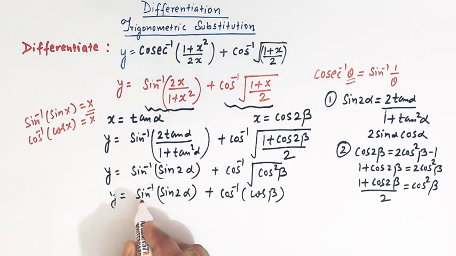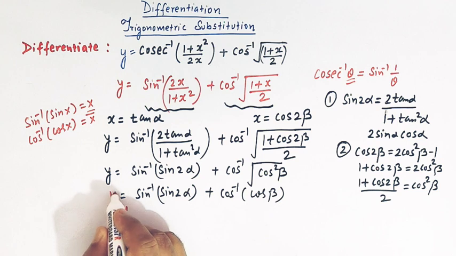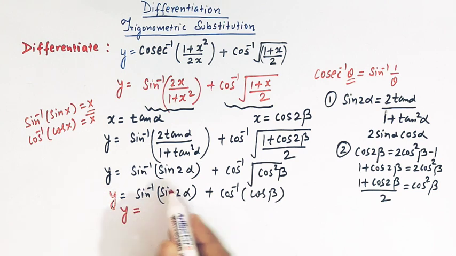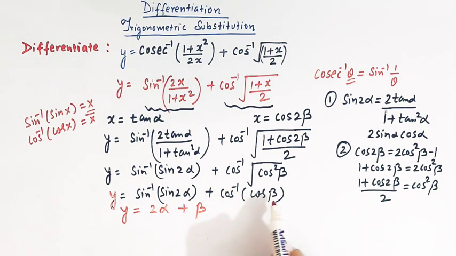So now here we have y is equal to simply 2 alpha, and here we have simply beta, right? So sine and sine inverse get cancelled, 2 alpha, and here cos and cos inverse, so we have beta, right? So now we have y is equal to 2 alpha plus beta, right?